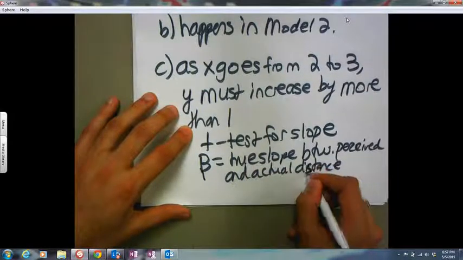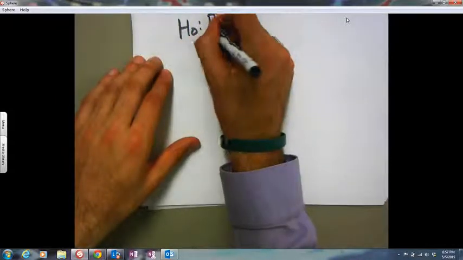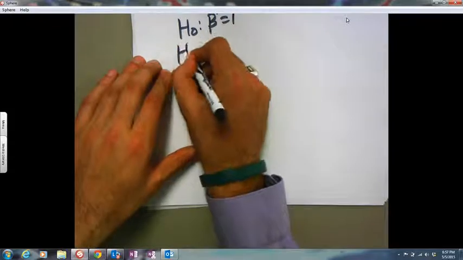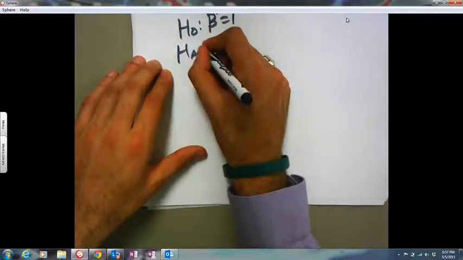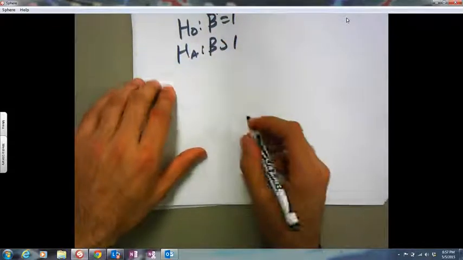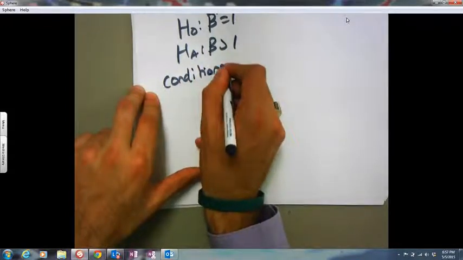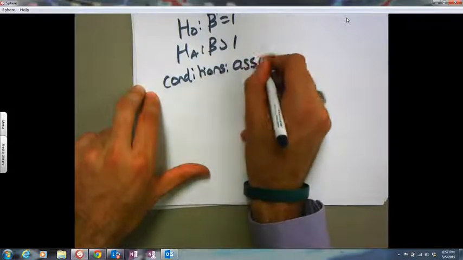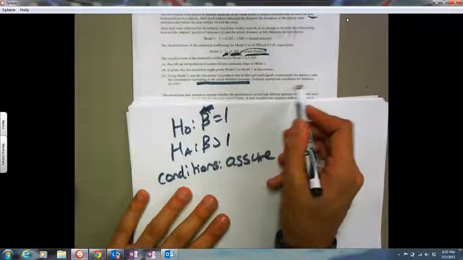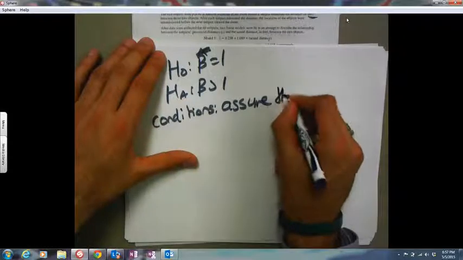The null, beta equals 1. The alternative, you don't really need a hat here, is that beta is greater than 1. The conditions, it says assume they're met.